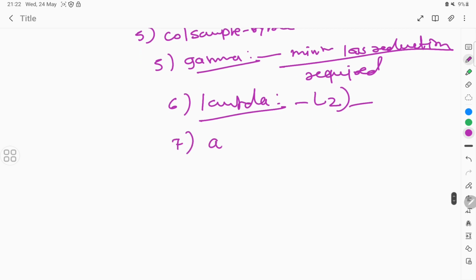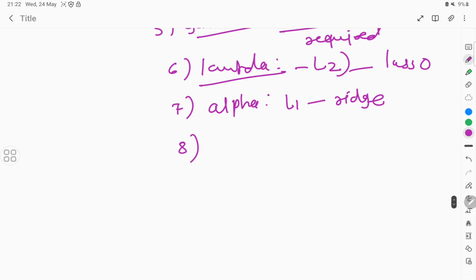Then there is alpha, meaning L1 regularization, which is lasso. N_estimators I have already covered. And there is also one function, early stopping rounds. It will stop the training if there is no improvement.